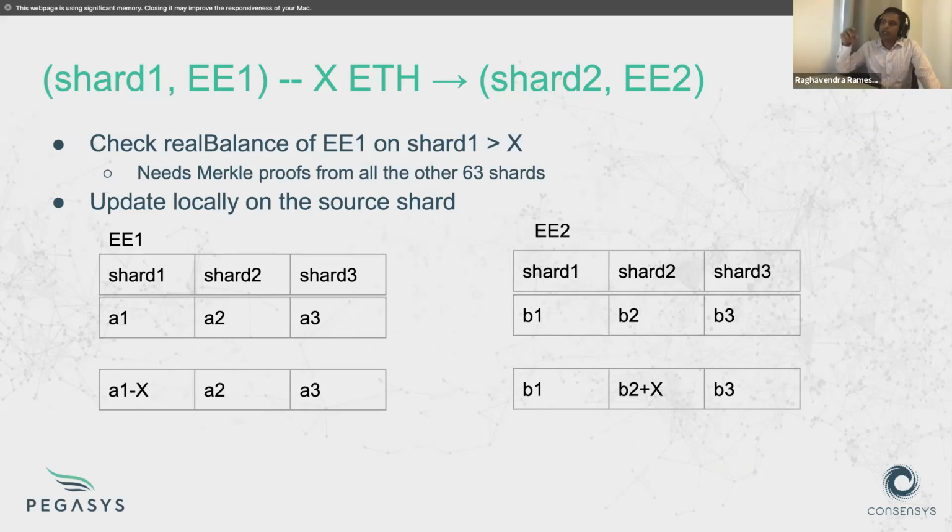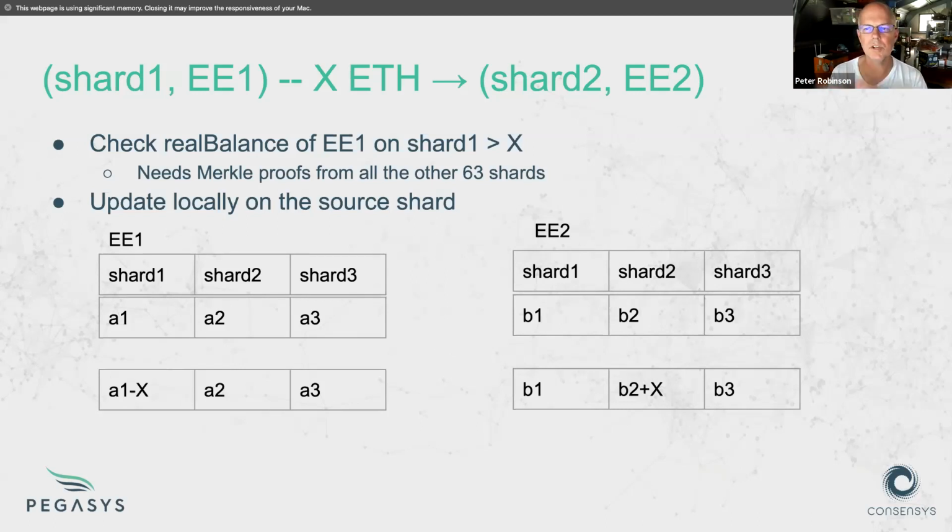No, the writing is happening in the same slot where the checking of balance is done, right? So once you have the Merkle proofs from all of the 63 shards, and once the check is passed, then we update in the same transaction. Yeah, but I think David was saying overall there's more work, networking and CPU, involved in a read than a write.